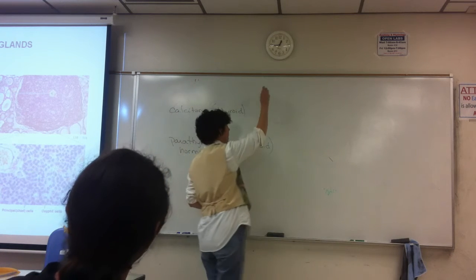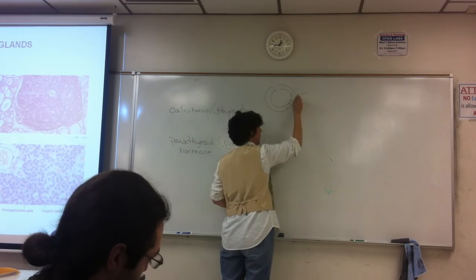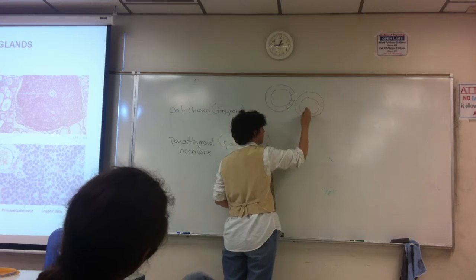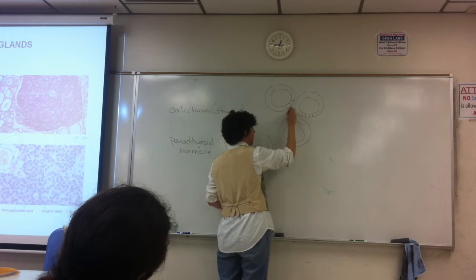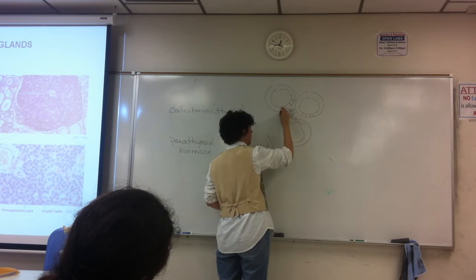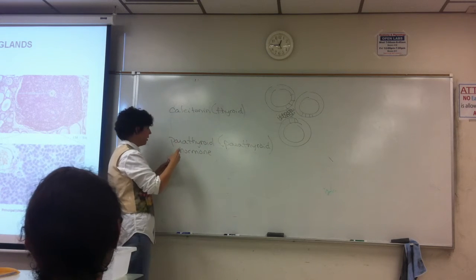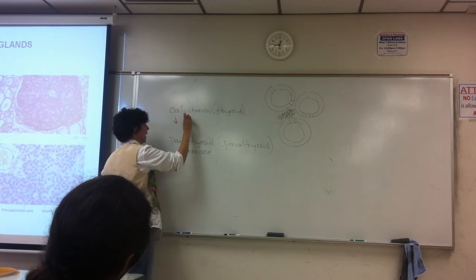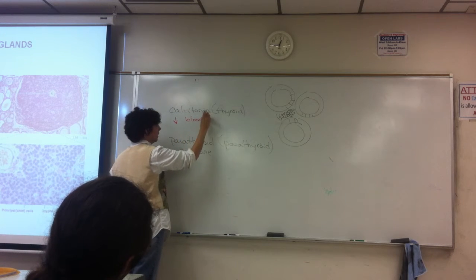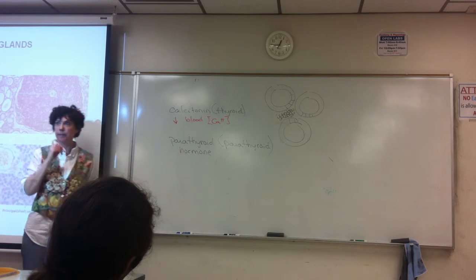If we look in the histology, these would be our follicular cells. Here would be another follicle. And you're going to see cells producing calcitonin out here. These are going to result in a decrease in calcium in the blood.